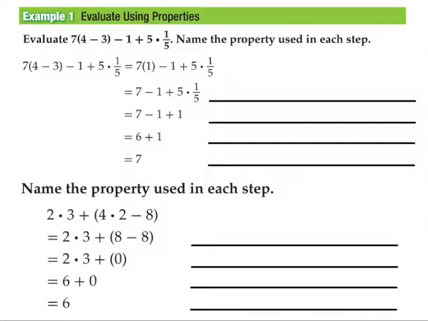Okay, so here we go. It says evaluate, then name the property used in each step. So there's my original problem. 7 times 4 minus 3 minus 1 plus 5 times 1/5. And so if I look at this very first thing, what did I do from the left side of the equal sign to the right side of the equal sign?